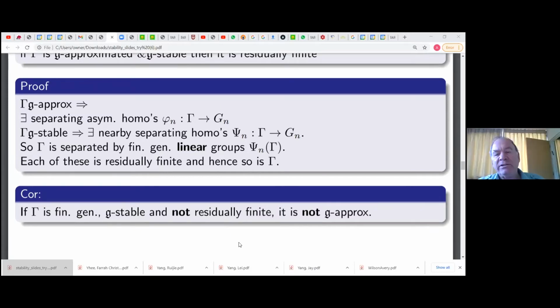If you want a non-sofic group, just find a group which is stable and not residually finite. The problem is that this is much easier to say than to do. And up to recently, there are really, in a way, dramatic developments in this area in various directions. Today, I will show you one of the directions, but there have been several pretty dramatic developments in this area in the last 2-3 years.